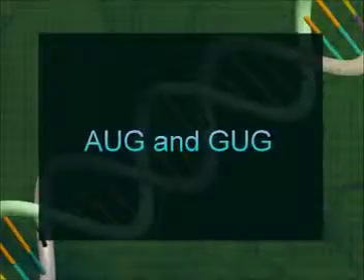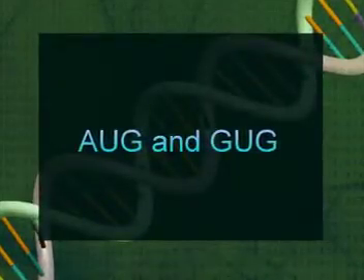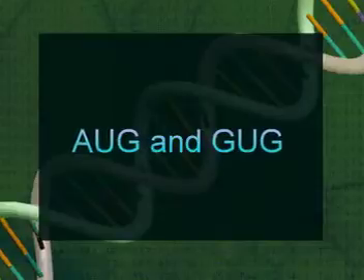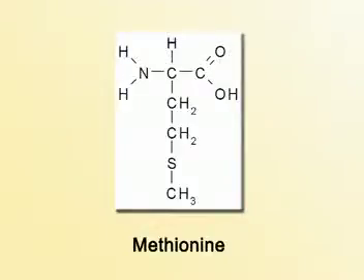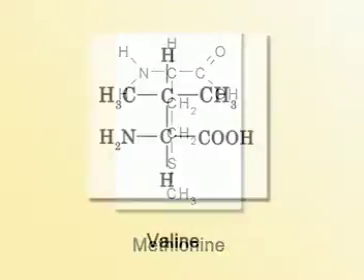There is some ambiguity when AUG and GUG are taken into consideration. Both may code for methionine as initiating codon, although GUG is meant for valine.